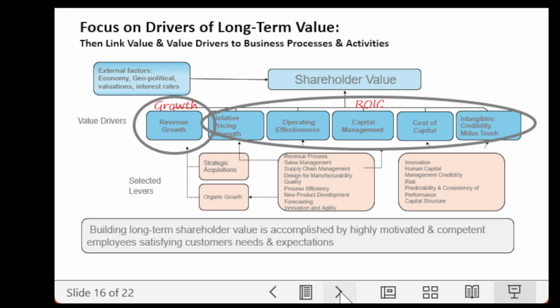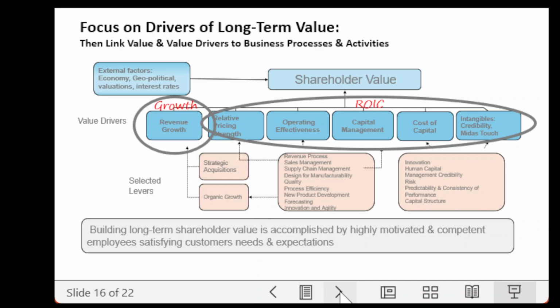So if we come back to the value performance framework then, a measure like ROIC covers really 6 of those drivers. It includes certainly profitability in all respects, reflecting pricing strength as well as operating effectiveness, capital management, and the cost of capital is really the benchmark or hurdle rate that we would compare ROIC to.